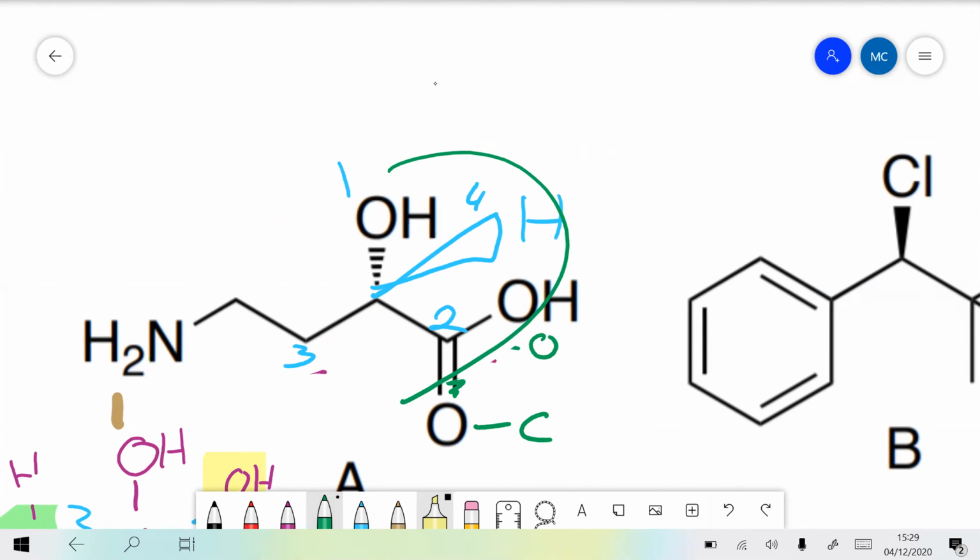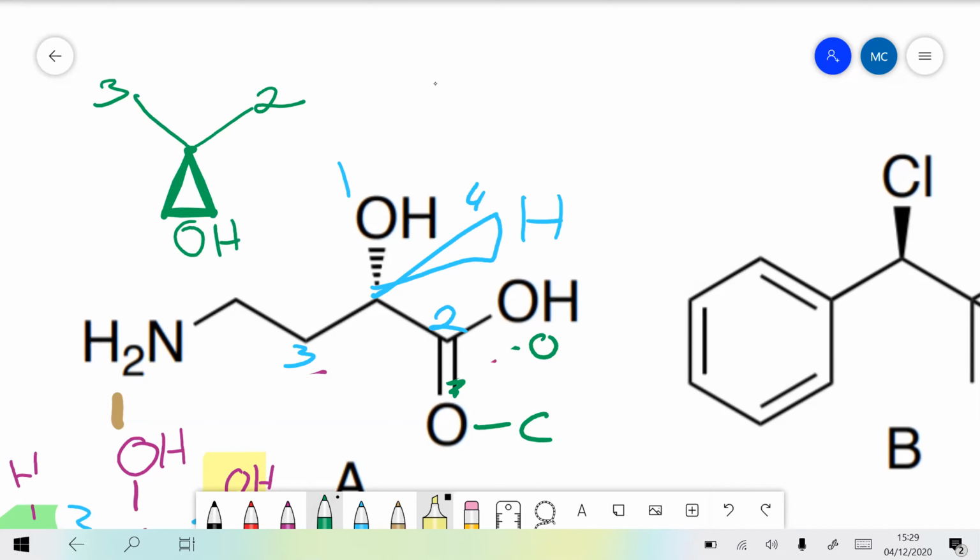You have to go and say, the structure is going to be. And I know some of you will not agree with me, but 3, 2, and once we rotate it to put the hydrogen at the back, the oxygen will be at the front.